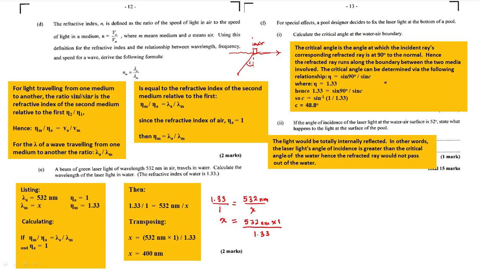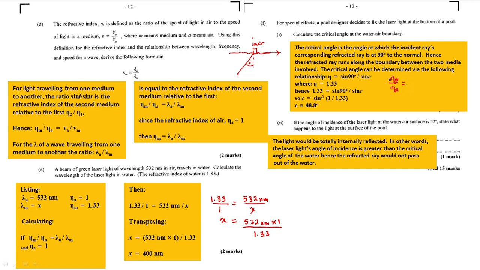So remember, we learned that the refractive index in the second medium, in this case water, is the ratio of the second medium divided by the first medium, right? It doesn't matter which way, just remember that you have to reverse the roles when it comes to the angles in the different media.